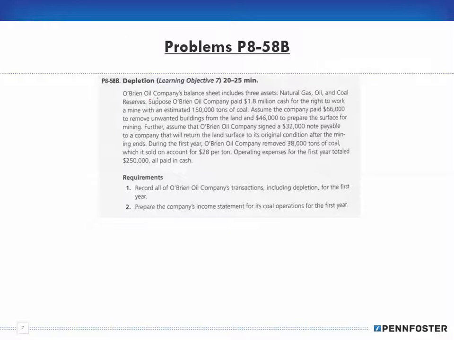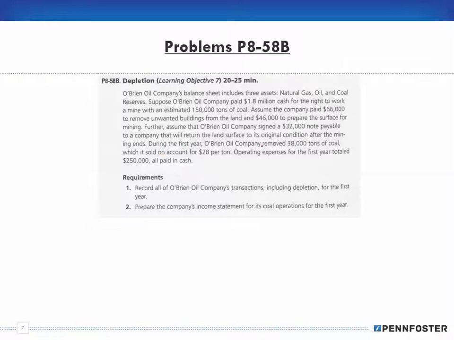O'Brien Oil Company's balance sheet includes three assets: natural gas, oil, and coal reserves. Suppose O'Brien Oil paid $1.8 million cash for the right to work a mine with an estimated 150,000 tons of coal. Assume the company paid $66,000 to remove unwanted buildings from the land and $46,000 to prepare the surface for mining. Further, assume that O'Brien Oil Company signed a $32,000 note payable to a company that will return the land surface to its original condition after the mining ends.